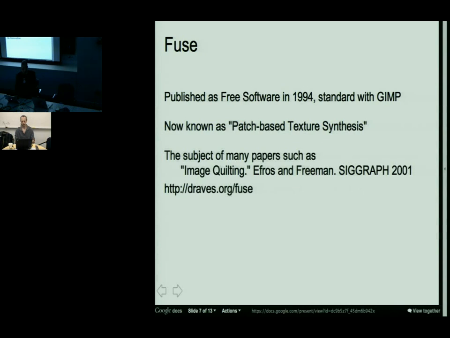The technique was then picked up by the traditional computer graphics research community. This is now known as patch-based texture synthesis, and there are hundreds of research papers and people working on improving this and doing different things with it.